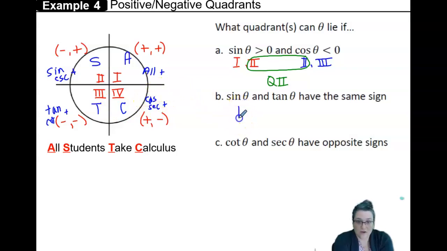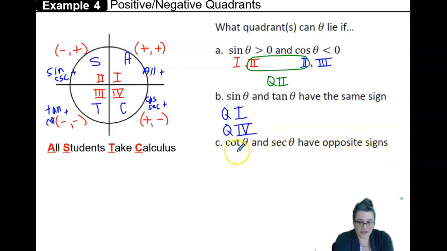So in quadrant 1, both sine and tangent are positive, so they have the same sign. And in quadrant 4, both sine and tangent are negative, and so they also have the same sign in quadrant 4.